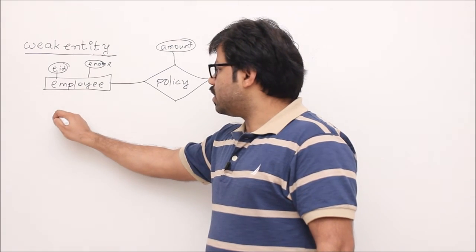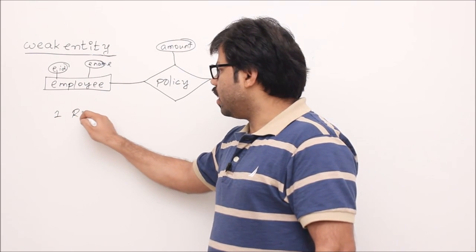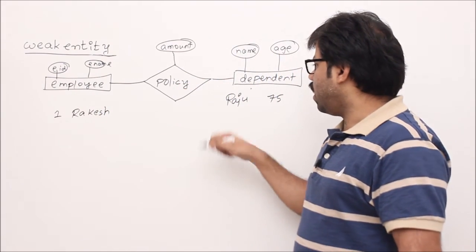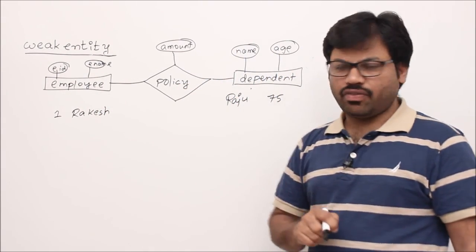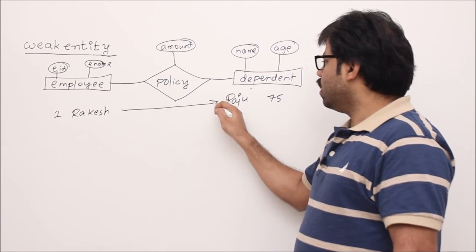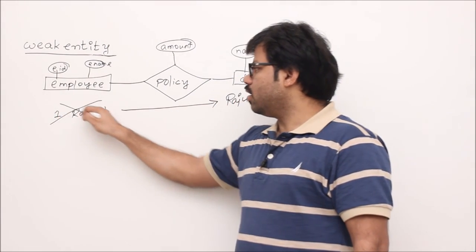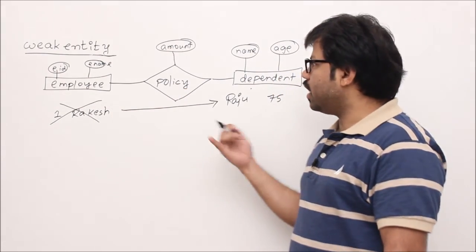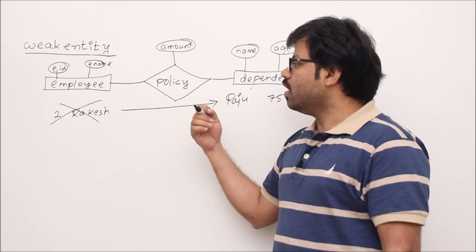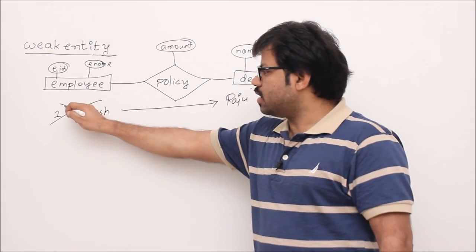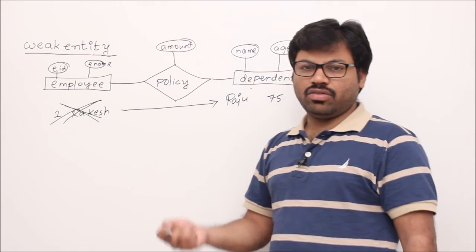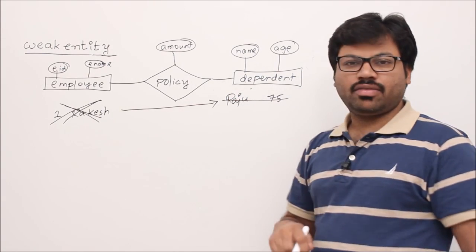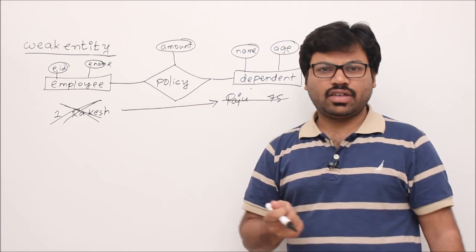Example, let's say employee 1, Rakesh, is going to pay some policy and the dependent is Raju, 75. Let's say this policy is company-paid, that means the company is paying this policy on behalf of employees. Once this employee leaves the company, the company simply cancels this dependent's policy. That means there is no meaning to the dependent, correct?